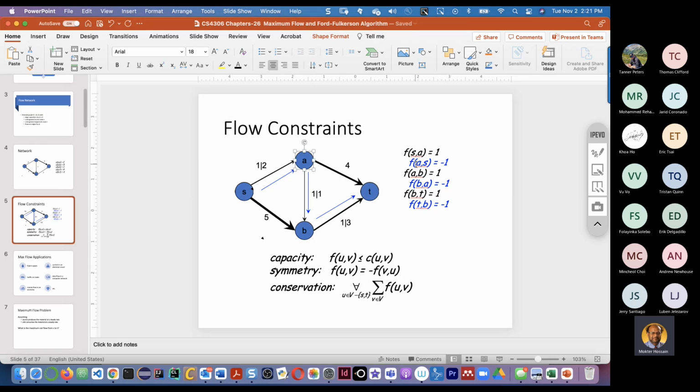Then in the reverse order, if S to A is 1 unit, then the flow of A to S will be -1 unit. If flow A to B is 1 unit, then flow B to A will be -1 unit. And if flow B to T is 1 unit, then flow T to B will be -1 unit.